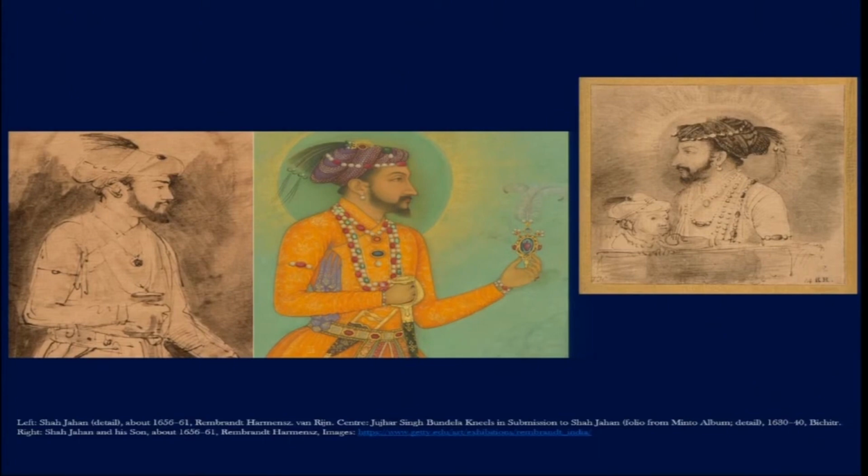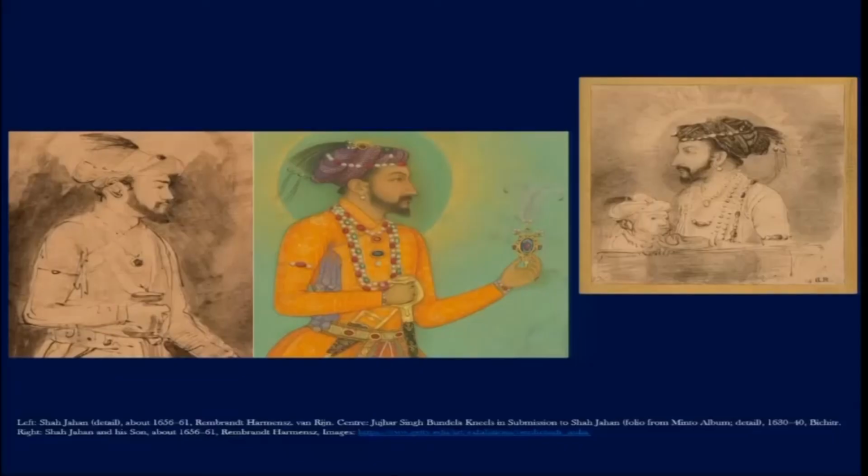So it is a gap of 20 to 25 years, and in this time the image was made in the Mughal atelier, and then it was perhaps copied, or made into a print, and the print traveled to Europe, and that is how Rembrandt managed to access that image.